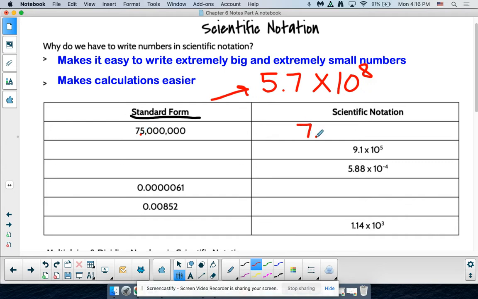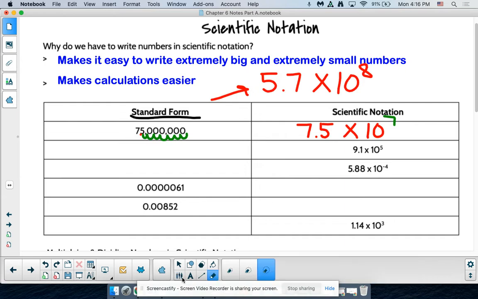So I'm going to have 7.5 times 10. Now, I need to do my little loopies. You do what you want to do, but how many times do I need to move my decimal place over? 1, 2, 3, 4, 5, 6, 7. I had to move it 7 spots. So since I moved it 7 spots, it's 10 to the power of 7. Okay?